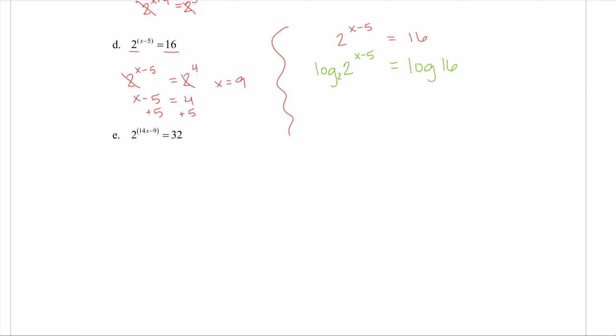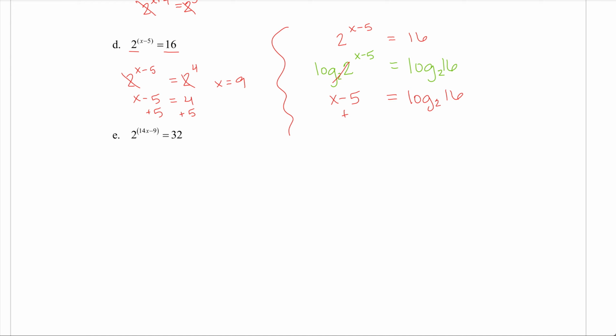I want to make that a log base 2. There we go, that's what I wanted. Which means that I can then take that 2, and he's gone. And what will happen is that I can then move that x minus 5 down because that log base 2 of 2 cancels each other out. And then I have my log base 2 of 16 here.